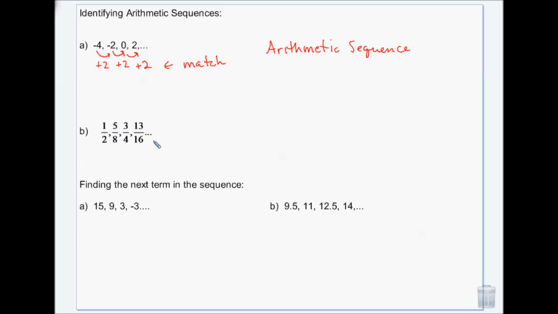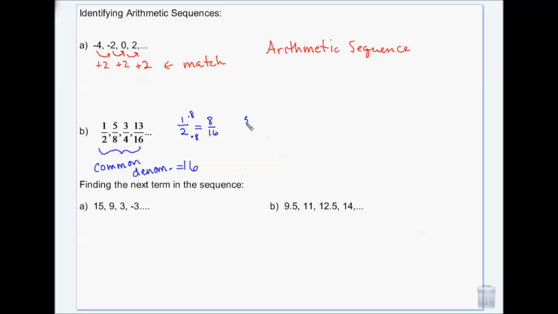Now what happens in this situation? I have all these fractions and I need to check, am I adding or subtracting the same thing each time? So the first thing I need to do is find my common denominator, which in this case is going to be 16. So I'm going to give each of these a denominator of 16. To give 1/2 a denominator of 16, I'm going to multiply by 8, so it's going to give me 8/16.